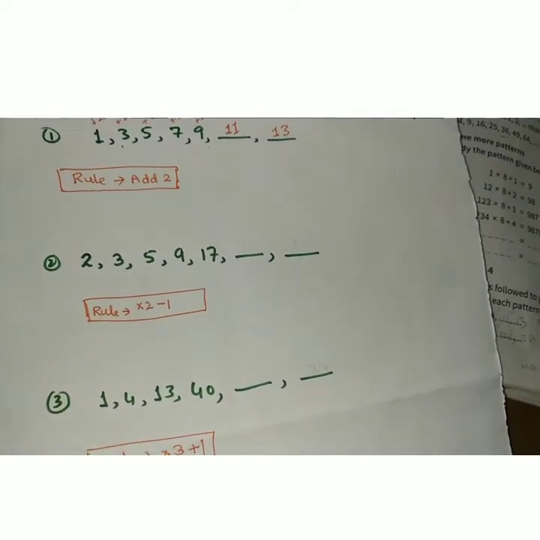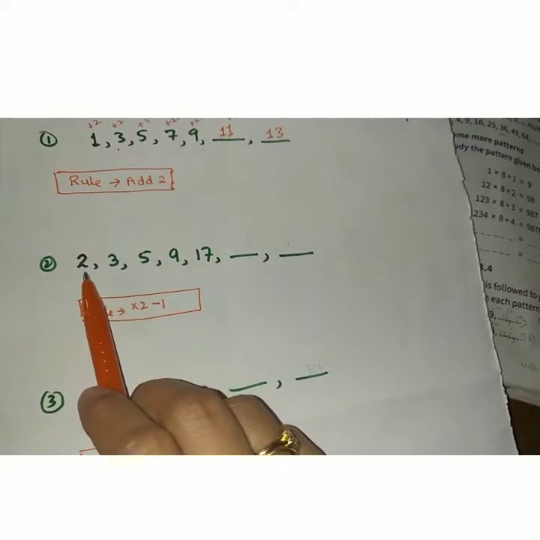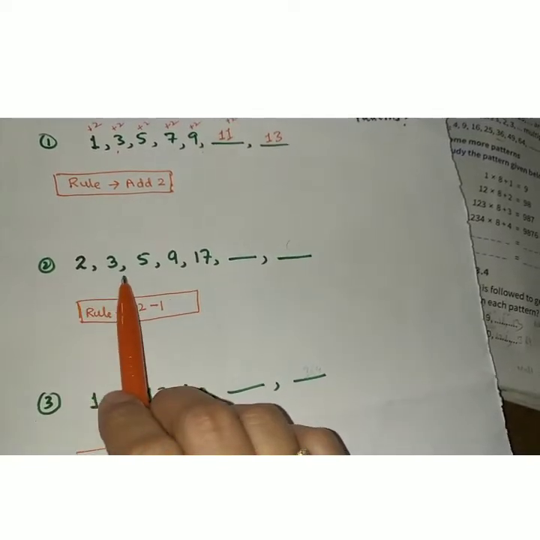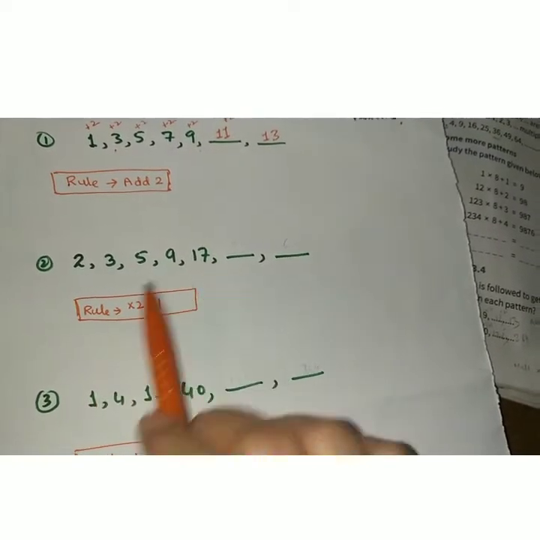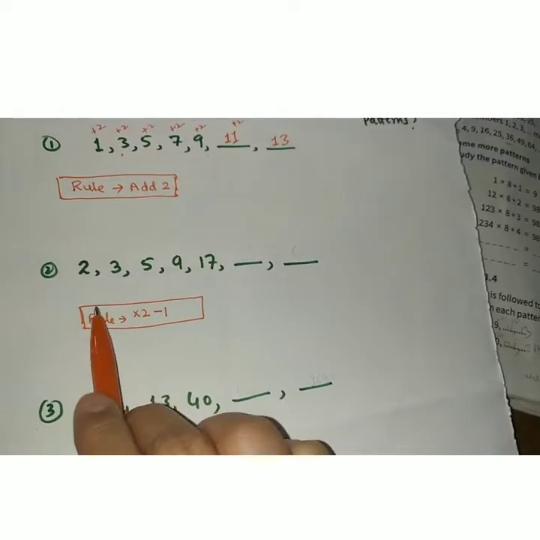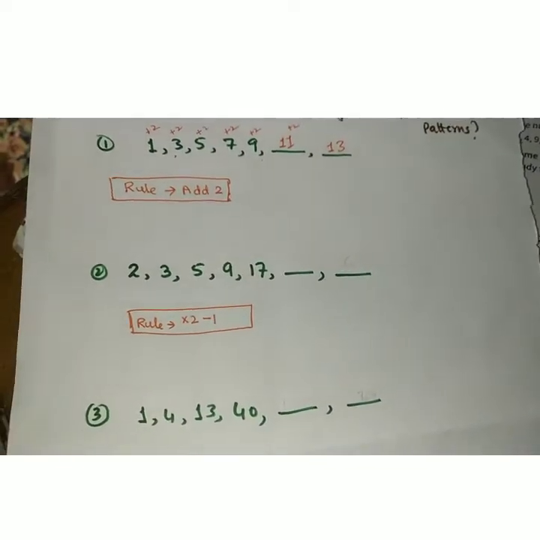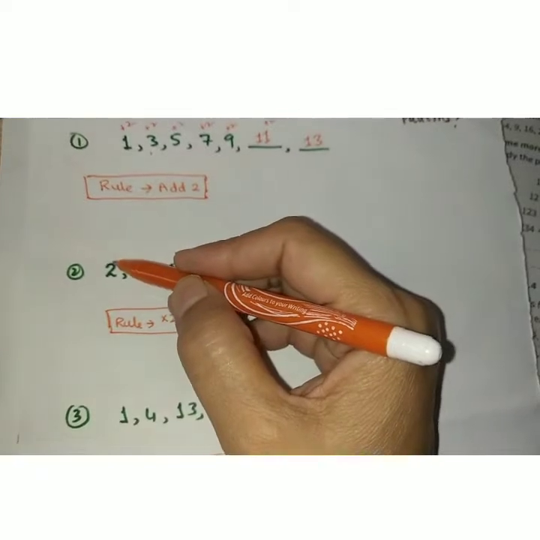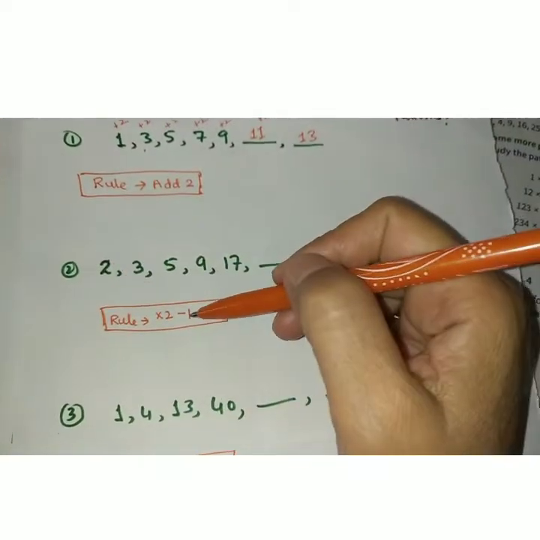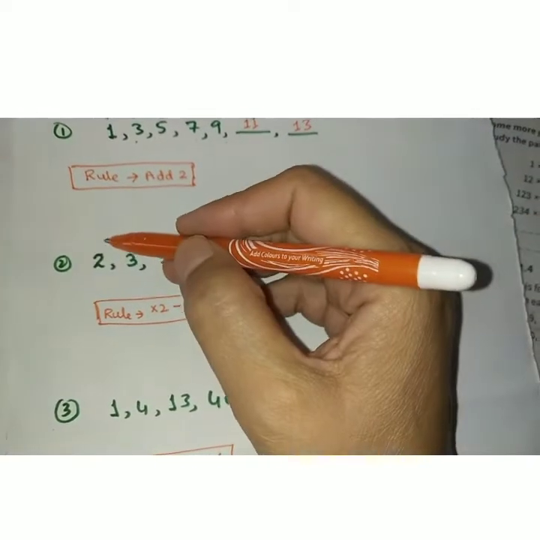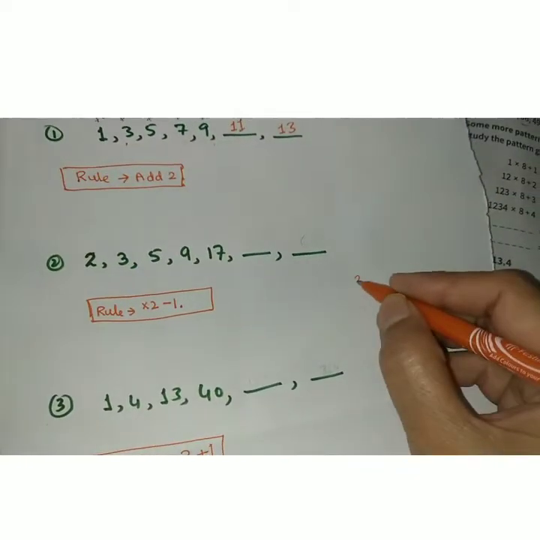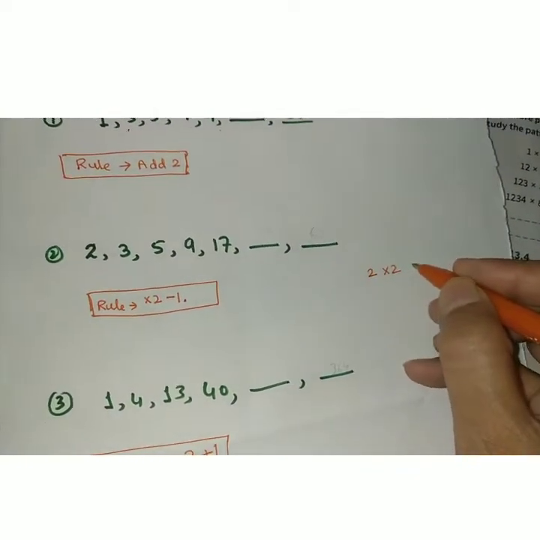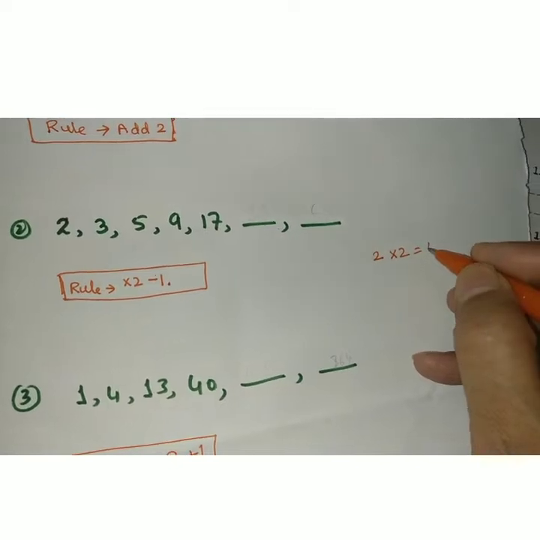Now in the example 2, we have the number series 2, 3, 5, 9, 17. Now here the rule which we are following is, we are multiplying it with 2, then we are subtracting 1. That means 2 multiplied by 2 is equal to 4.